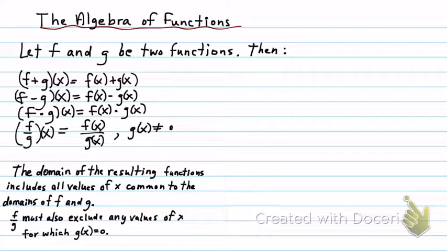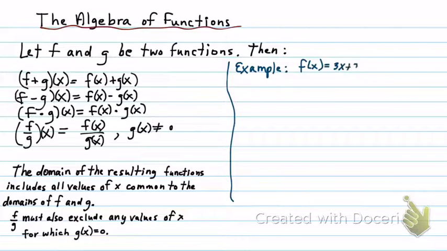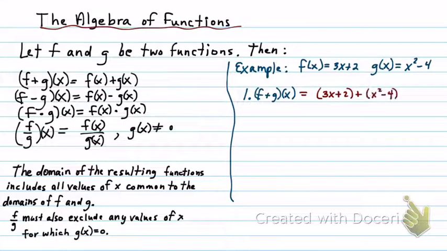Alright, so let's go ahead and do some examples. So if f(x) equals 3x plus 2 and g(x) equals x squared minus 4, then (f plus g)(x) we're going to find by adding these two functions.